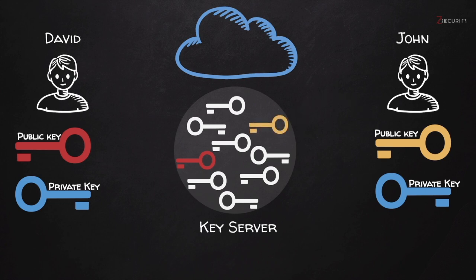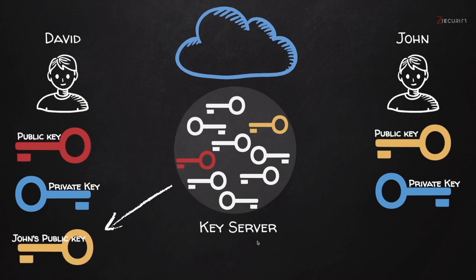If he wanted to share his public key with others, he can upload his key to the server as well. And then, if David wanted to communicate with John, he won't need to ask John for the public key directly, and John won't need to communicate with David directly and send him the key. All David has to do is query this server, the key server that is accessible, like I said, on the darknet or on the internet, and download John's public key.